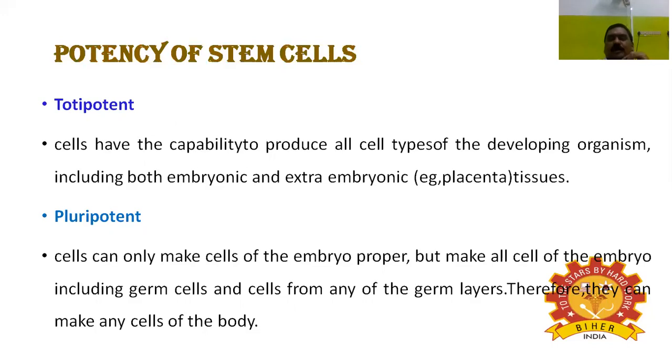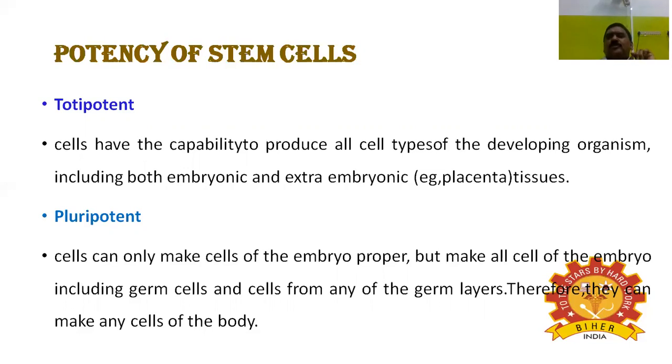That is totipotential. I tell you, toti means totally, potent means potential, so totally potential. These cells have the capability to produce all types of cells of the developing organism, including both embryonic and extra-embryonic tissues, for example, the placenta.